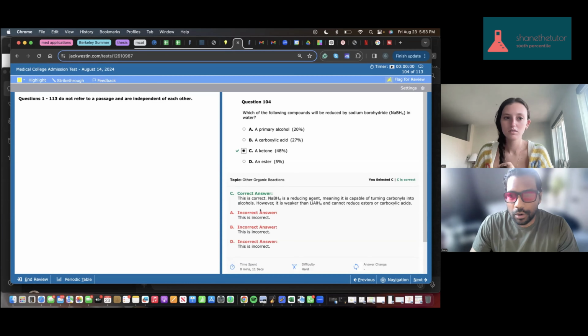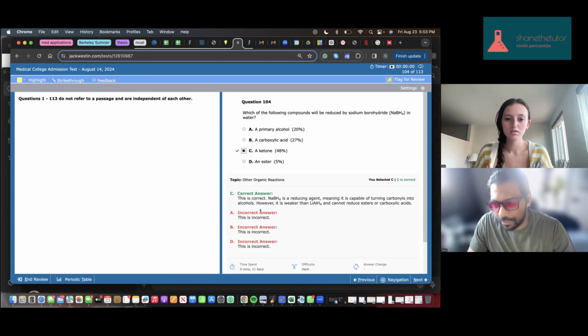Now the thing with lithium aluminum hydride compared to sodium borohydride is that the lithium one is super strong and can reduce almost anything.